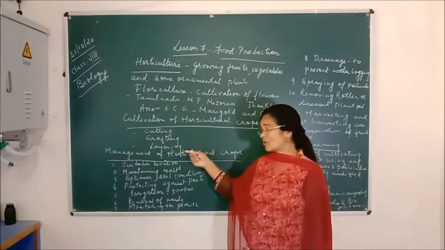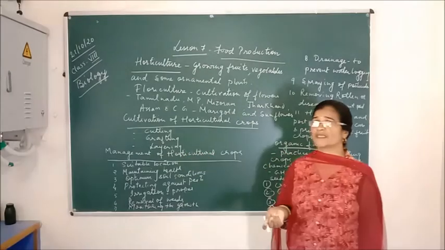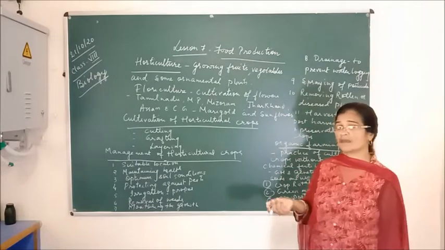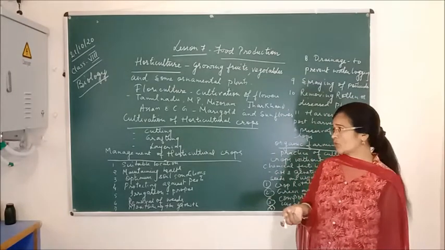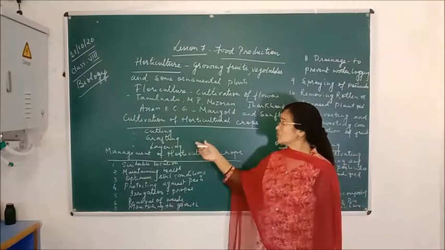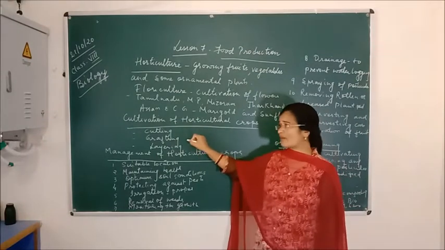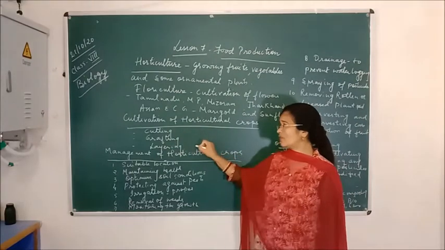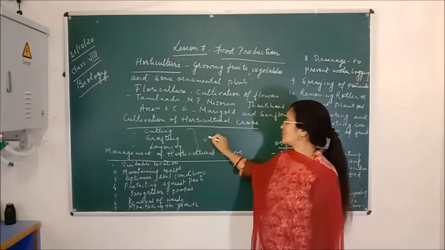This process is called layering. Many flowering plants as well as ornamental plants and vegetables are also grown by layering. So these three methods, cutting, grafting and layering, are the processes of vegetative propagation in horticultural practices.